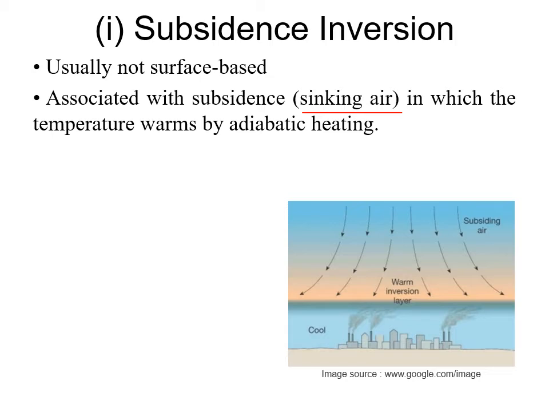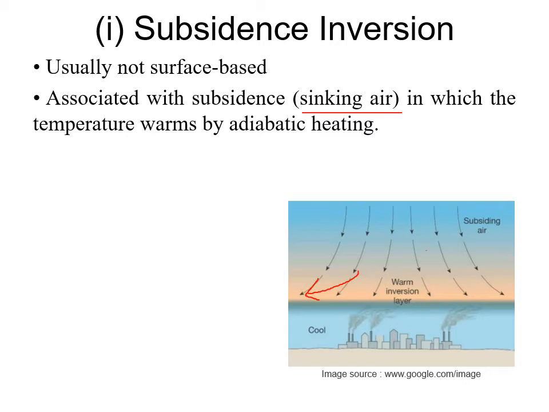Now, most commonly, it was found that the subsidence of air continues to a particular level within the atmosphere. After that, it diverges horizontally above a lower layer. You can see also in this picture that this subsidence occurs up to a certain level within the troposphere.